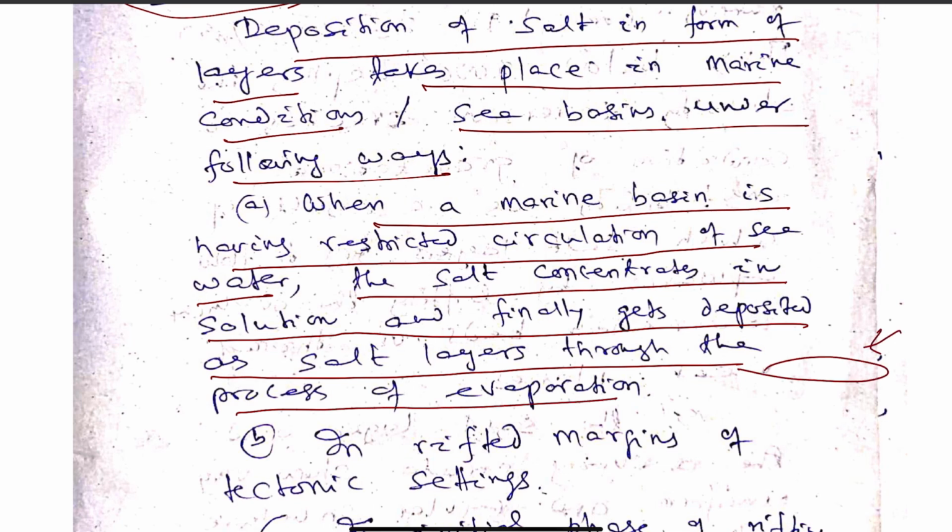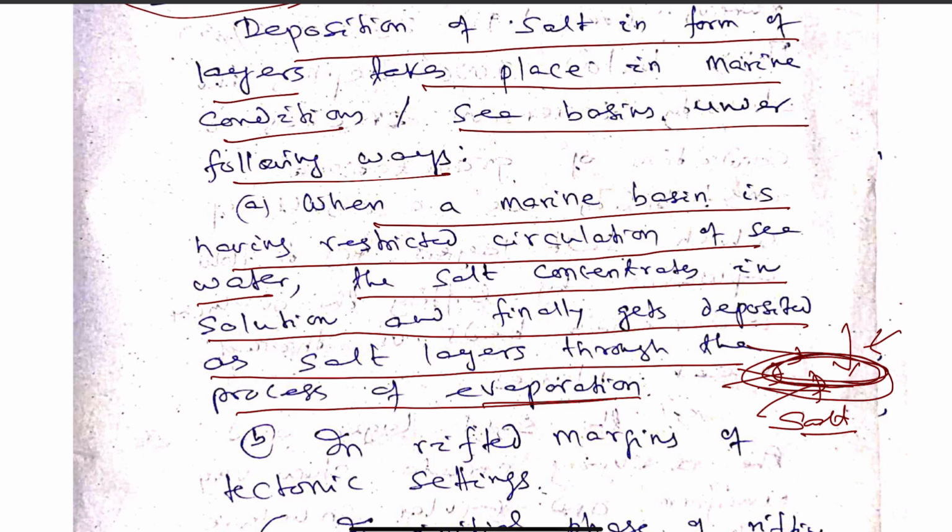A basin where the seawater is having restricted movement because of continuous evaporation, the salt in the contained water concentrates gradually and finally a stage is reached when the evaporation gave rise to deposition of salt.